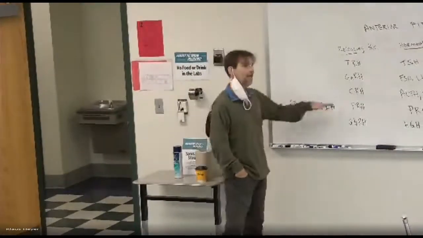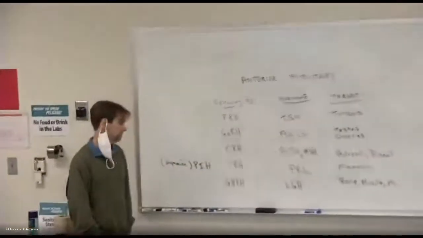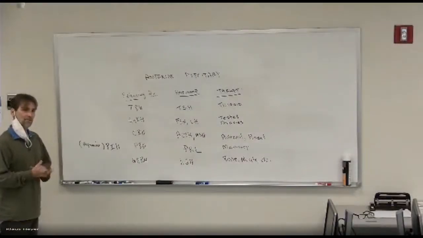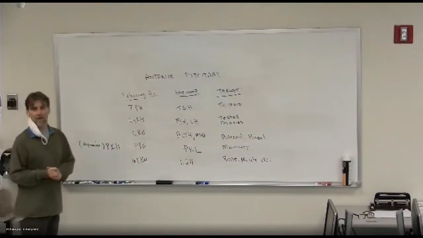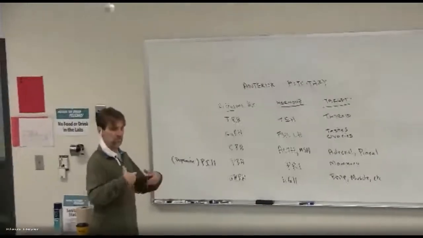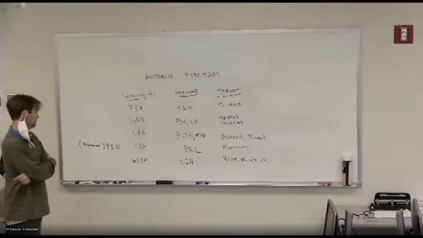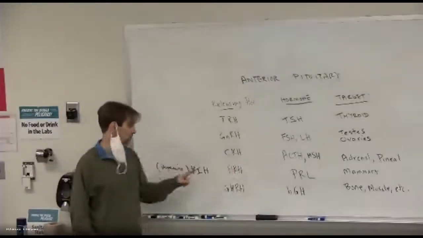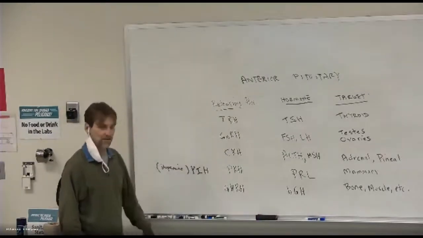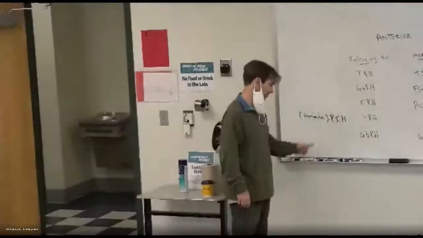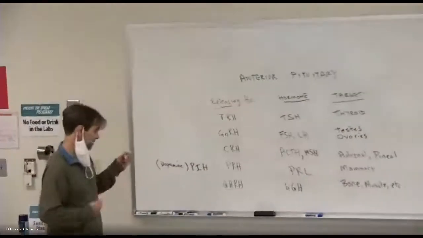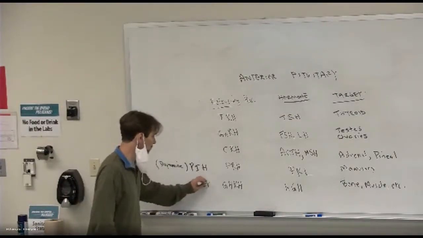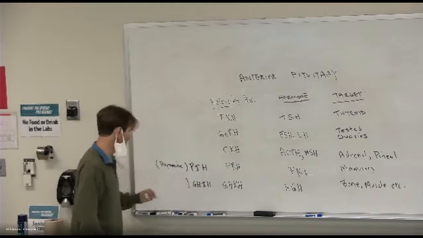So dopamine inhibits lactation. Dopamine can slow down the whole pregnancy thing, I mean, the birthing part of it. But anyway, prolactin releasing hormone, prolactin inhibiting hormone. That's it. You just switch it to an IH, and then you can already guess the other one. GH, IH, growth hormone inhibiting hormone.